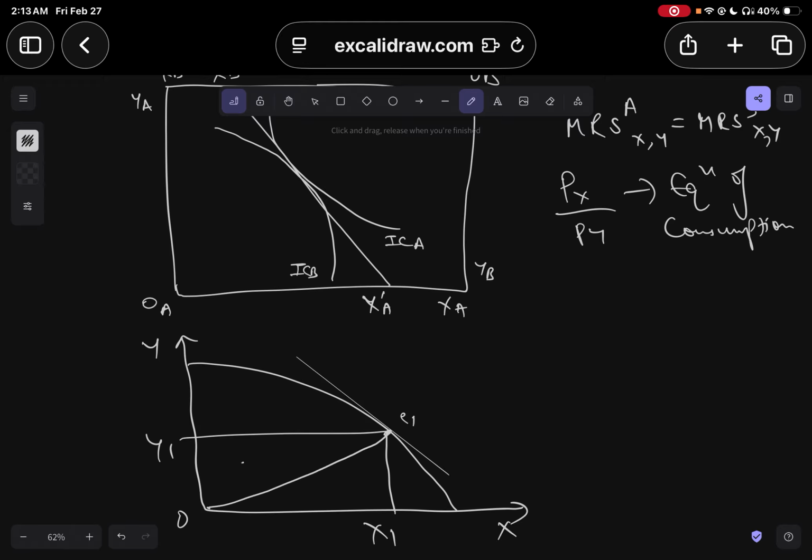This is the contract curve. These are two indifference curves which are tangent to each other. And this is the budget line. This we all know.